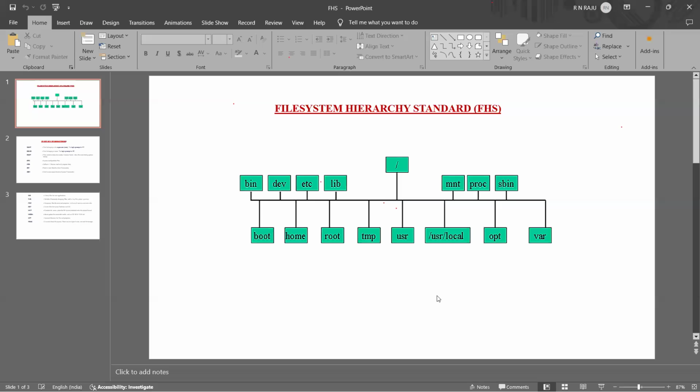These directories are automatically created when the OS is installed. But everyone should understand each directory's meaning. Sir, why do we need to understand these directories? I will give you the best example. Sir, I have executed one program.